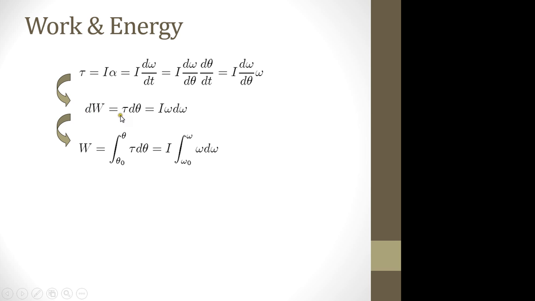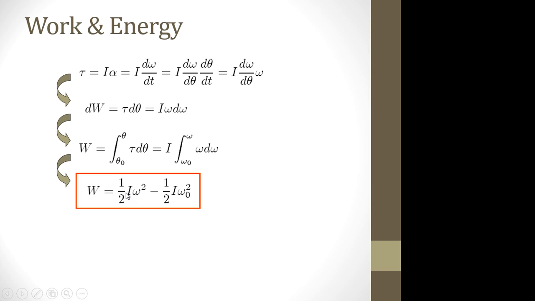Here, if you integrate with theta over here, you can also get this chunk. Then you arrive at the interesting conclusion that the work done on the system is the new half I omega squared minus the old half I omega naught squared.